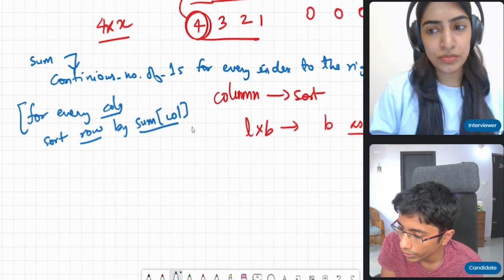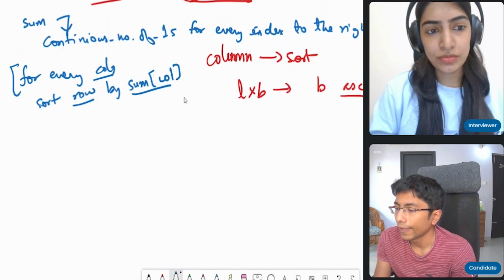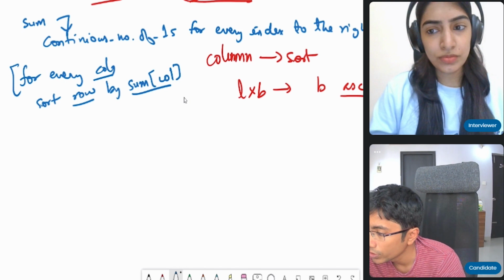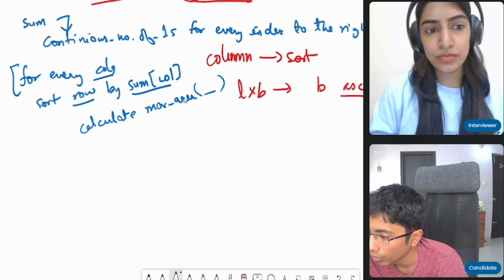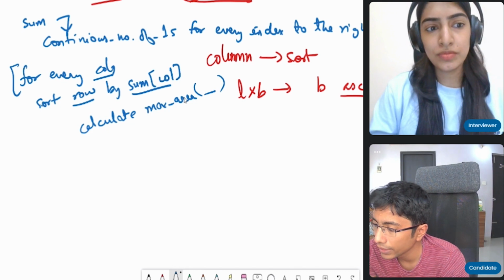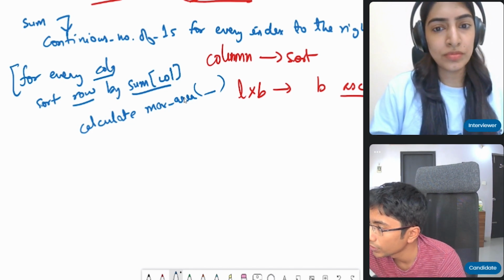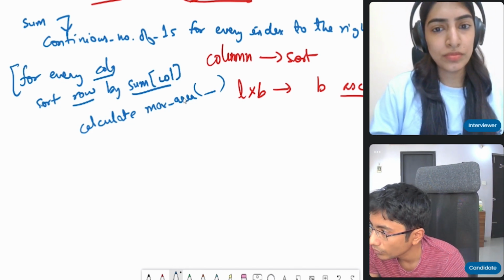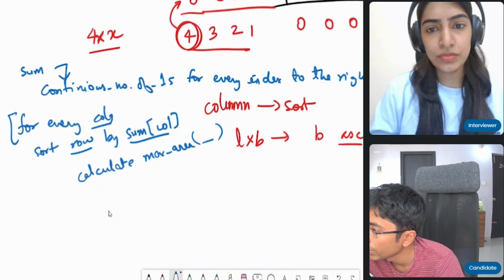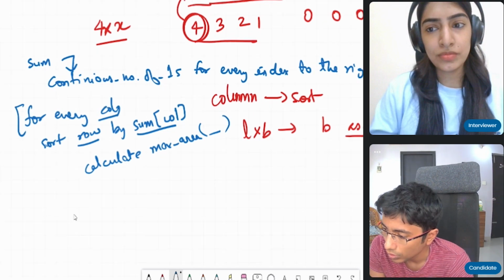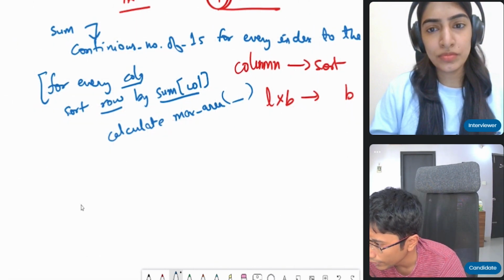We are sorting the rows, and then we are doing this computation, which is calculate max area of the given matrix. So calculate max area goes to the topmost row. If we sort over here, then there might be a lot of zeros also. So we have sorted right now.